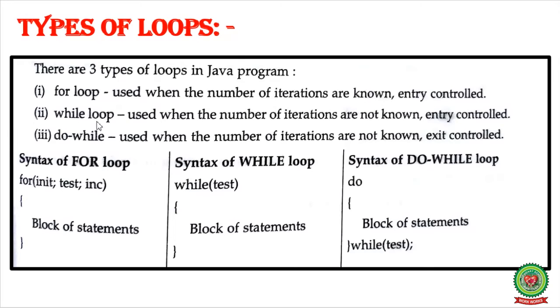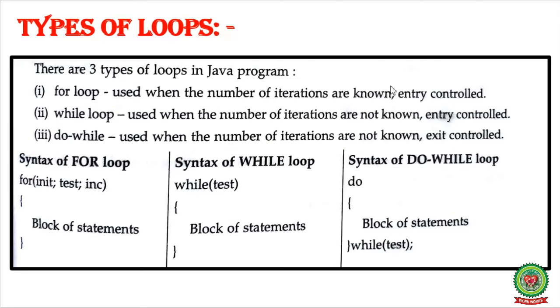Number 2, while loop. It is used when the number of iterations is not known. It is also an entry-controlled loop. Number 3, do while. It is used when the number of iterations is not known. It is an exit-controlled loop.